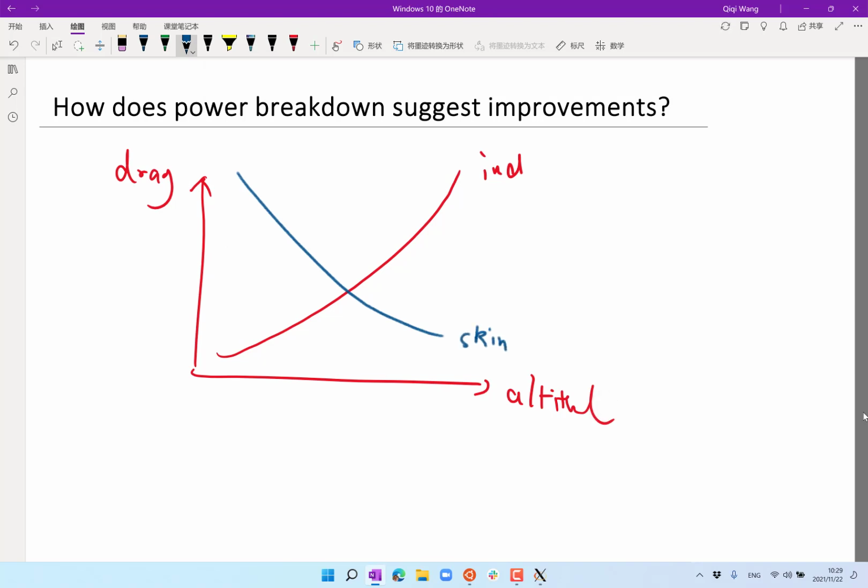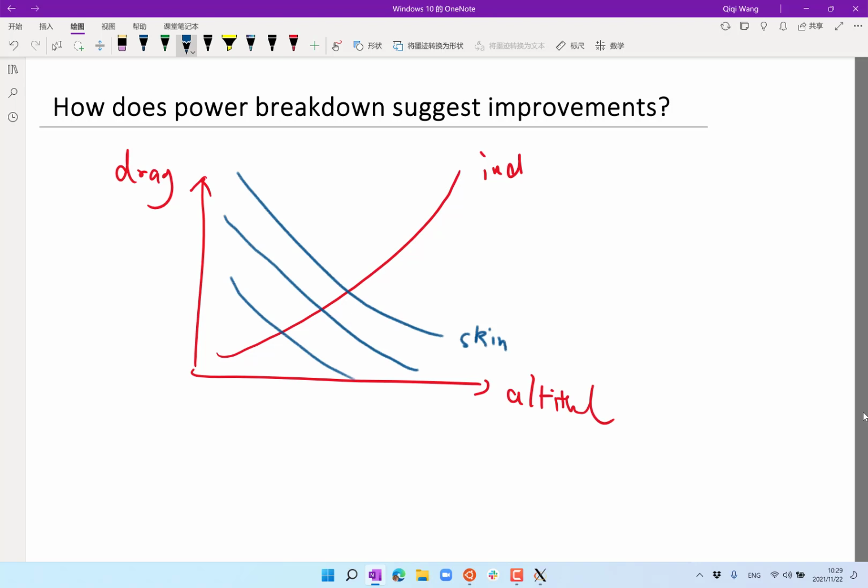I think all the analysis I've seen had either tables or plots like that. The thing is that as you decrease your chord length, this skin friction curve would decrease, right?